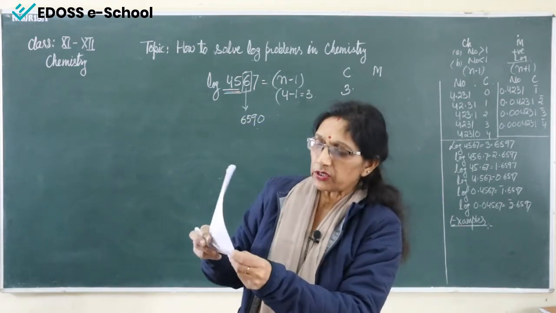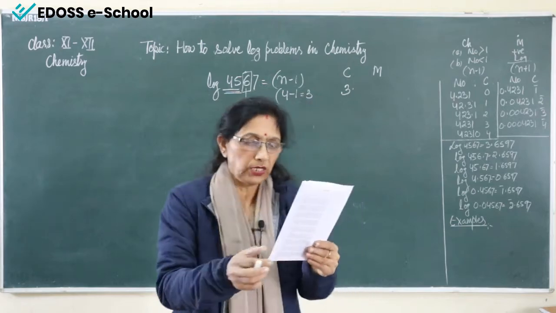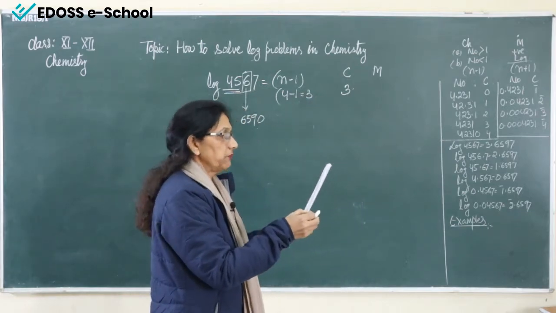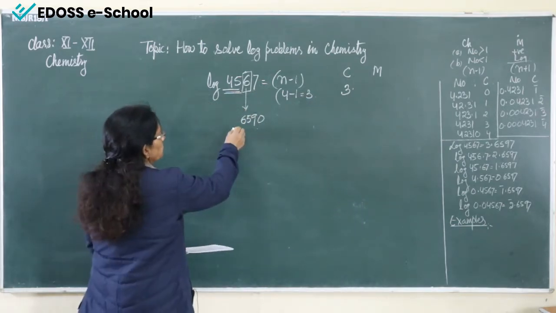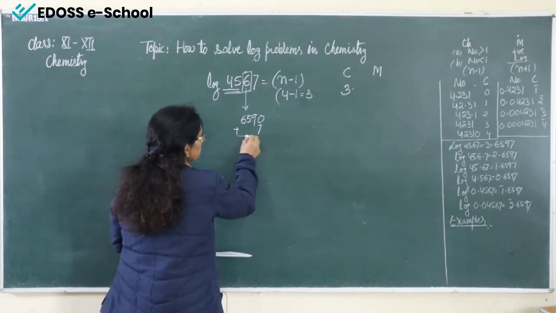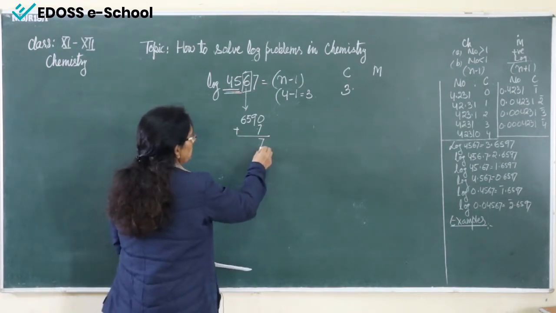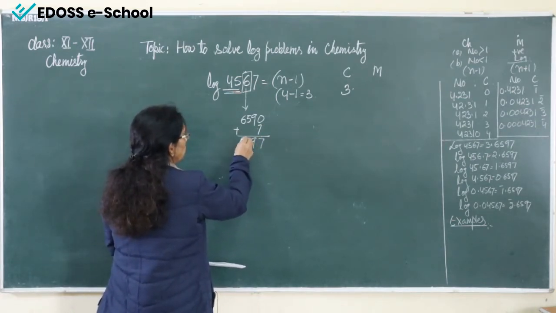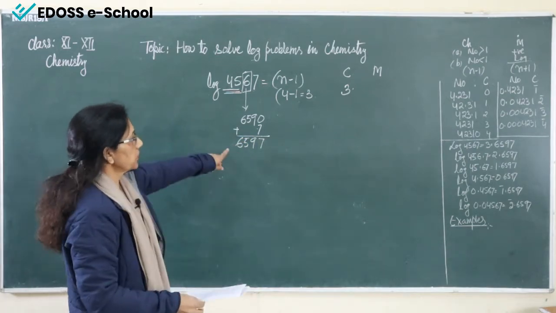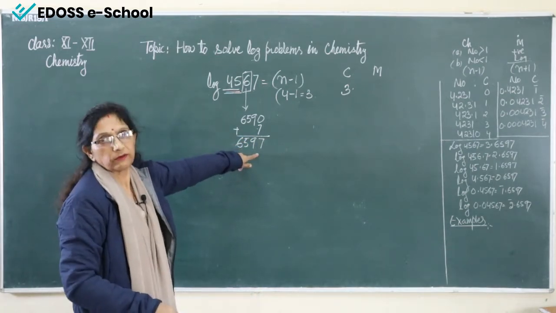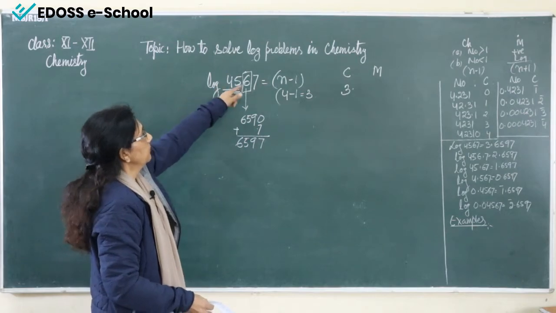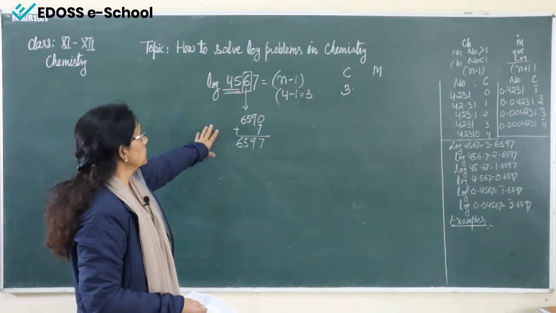If I see at 45, at mean difference 7, the value given is 7. So I will add plus 7 to it. So this will be 6597, which is the correct mantissa of this log.